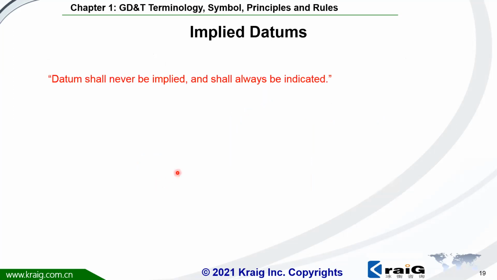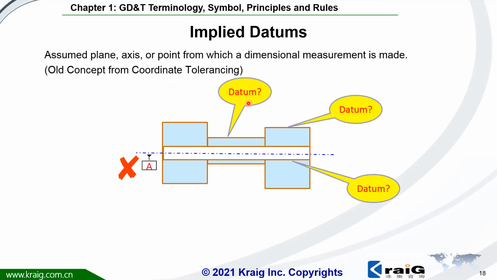This is why we said a datum should never be implied. We should always tell the user clearly from which feature we could get this center line. This is why we use the datum specification, to specify the datum properly to let other people understand where this datum A comes from.